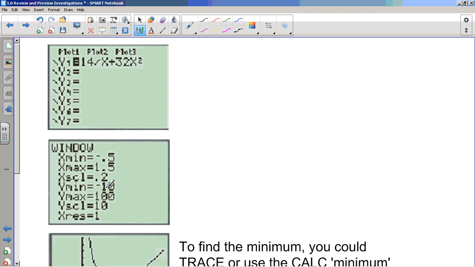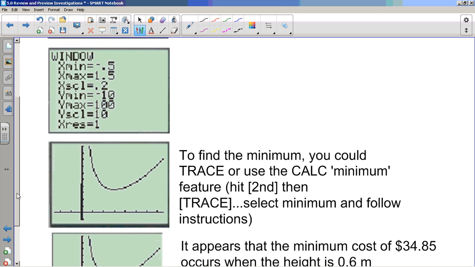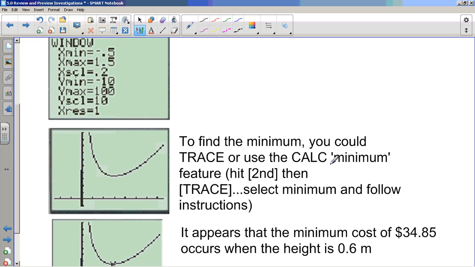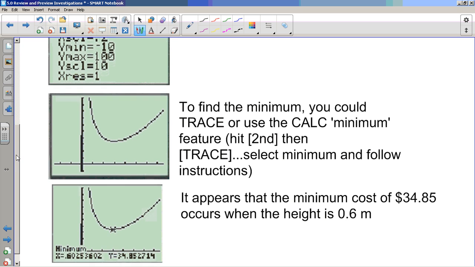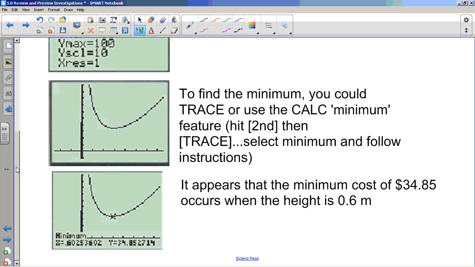There's my function, there are my window settings, there's my function, and then I used the calc menu, as it says over here, and there are the steps for you to peruse. It looks like a minimum cost of $35 or so occurs when the height is 0.6 meters, 0.6 meters of a sandbox. All right, and that's that one.